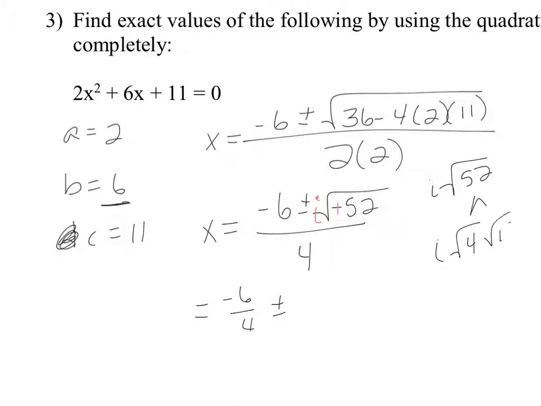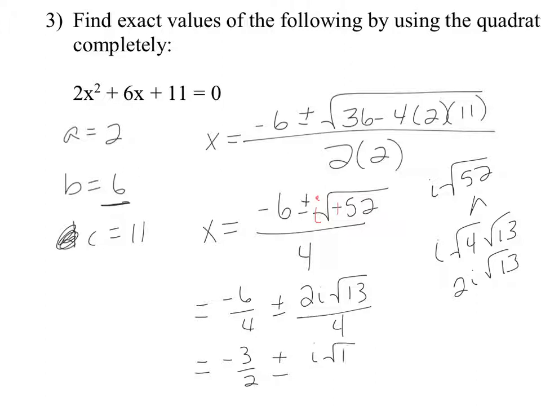It's 4 times 13, so it's 2i radical 13 over 4. So negative 6 over 4 is negative 3 halves. And 2i radical 13 over 4 reduces to i radical 13 over 2. Those are our two answers.